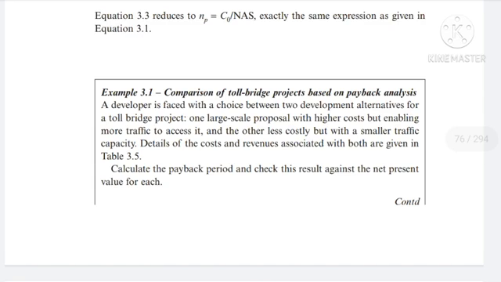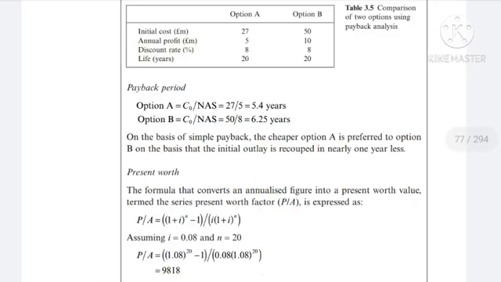The details of the cost and revenues associated are both given in a table. We are tasked to calculate the payback period and check the result against the net present value.